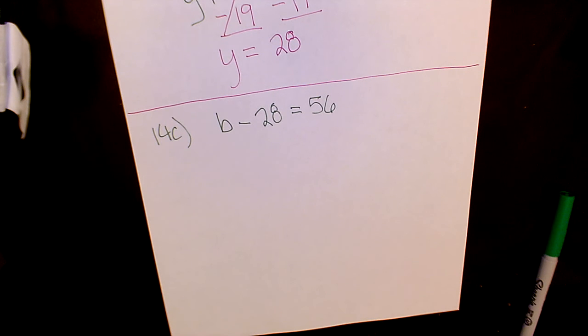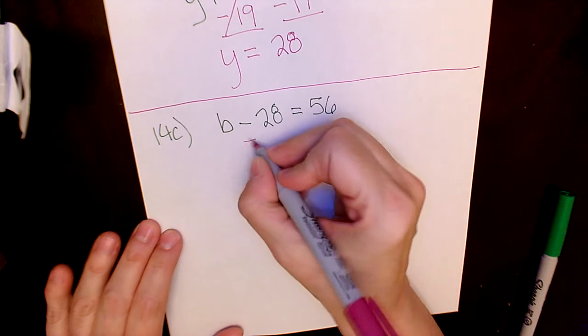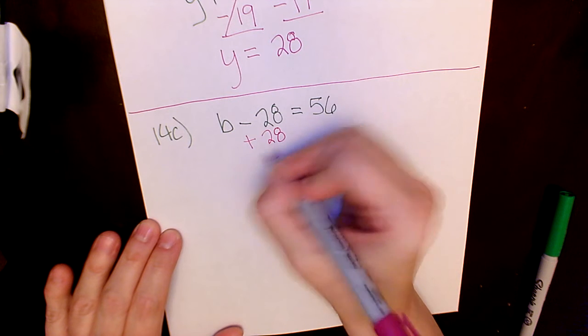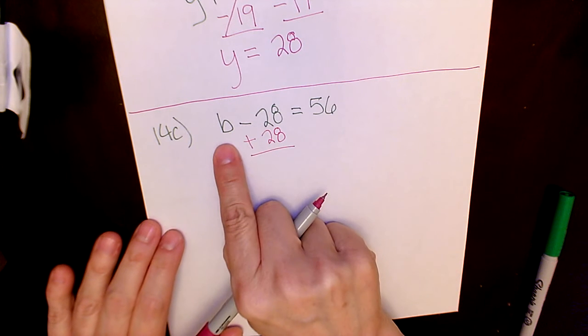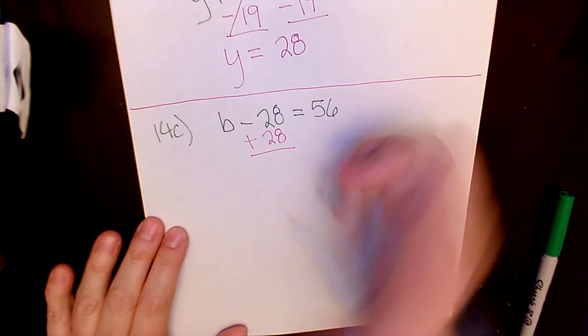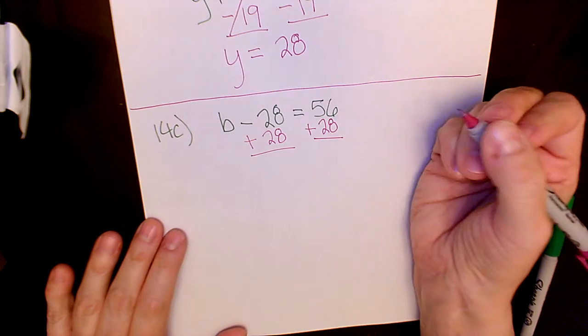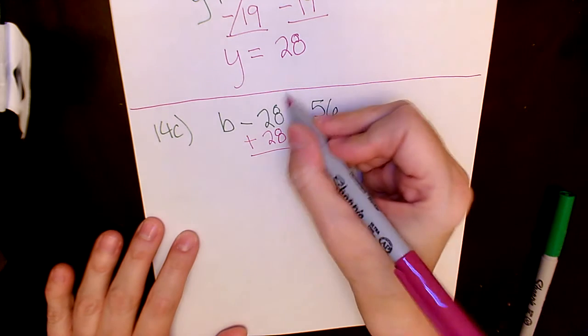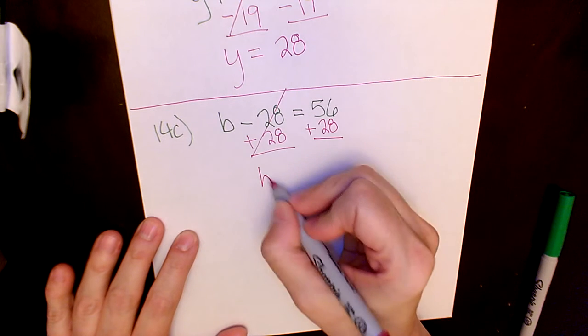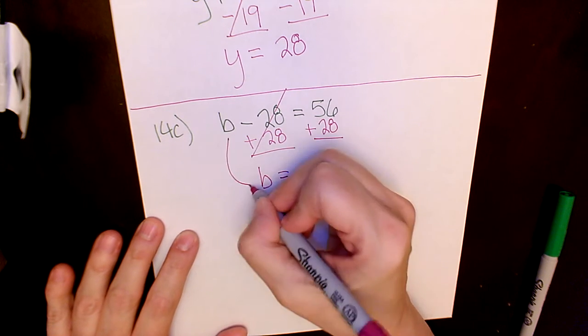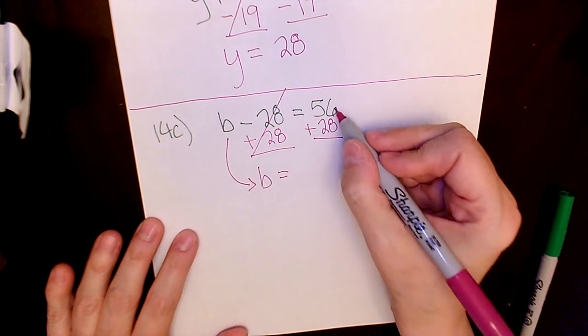What's the opposite of minus 28? Well, it's a plus 28. Because again, I want to get b alone. I want to find my b. And since I add 28 to one side, I have to add it to the other. And this b just comes down.